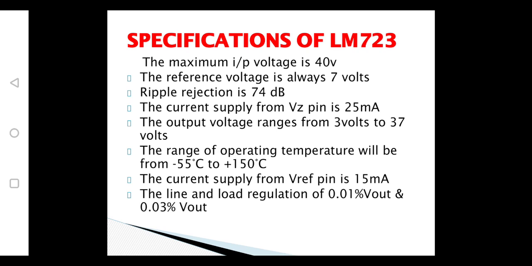The last and most important thing is, we need to know the difference between line regulation and load regulation. In the case of load regulation, if there is any change in the variable resistance present at the output side, then the corresponding variations in the voltage are called load regulation.